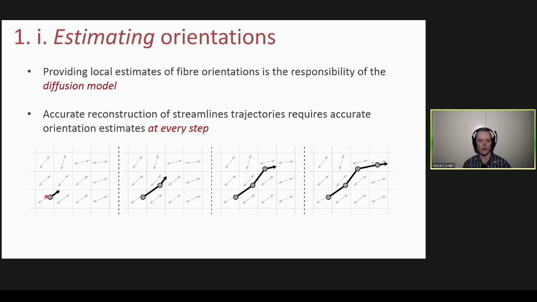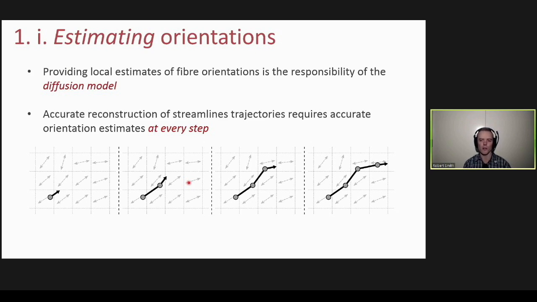Now, obviously, with streamlines tractography, it's an iterative process where we're sampling these orientations multiple times for each reconstructed streamline. So obviously, you need these orientations to be accurate at every single step.